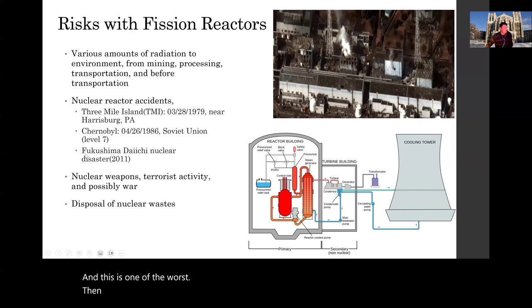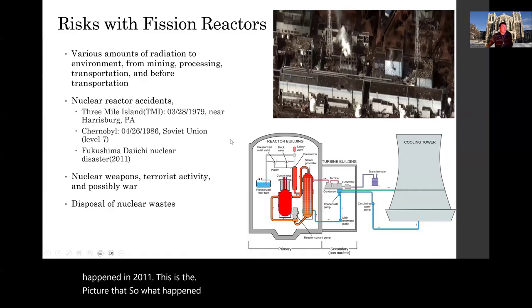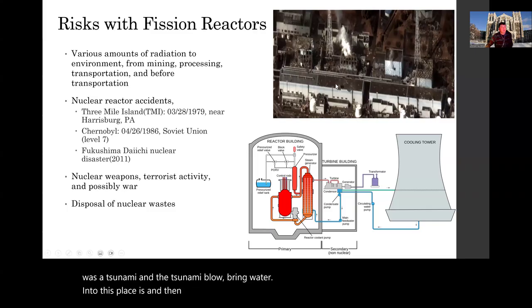Then there's another, more recent one, the Fukushima Daiichi nuclear disaster, which happened in 2011. This is a picture of it. There was an earthquake, and after the earthquake there was a tsunami. The tsunami blew water into these places and knocked out the electric lines, so they had no electricity to run the cooling water line.